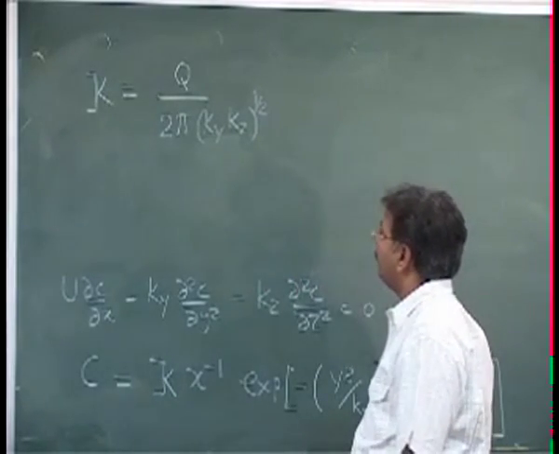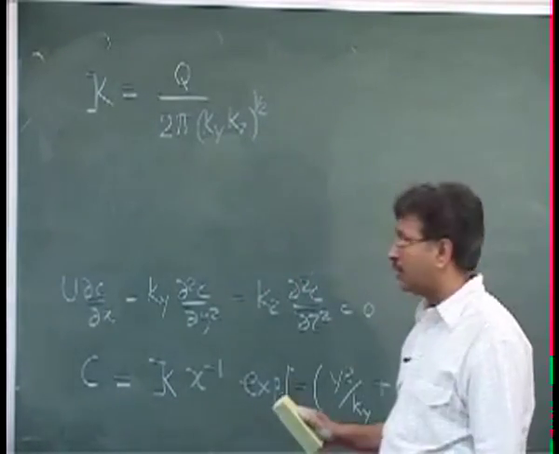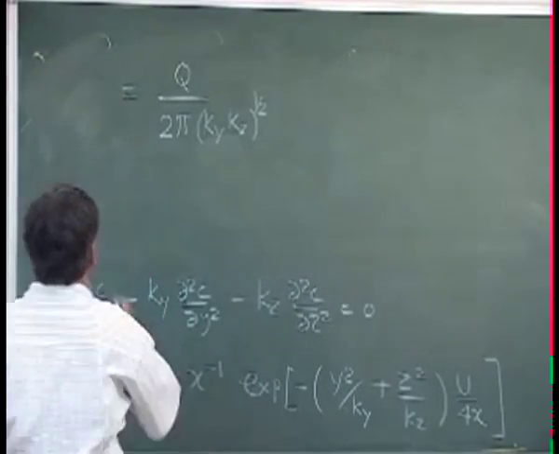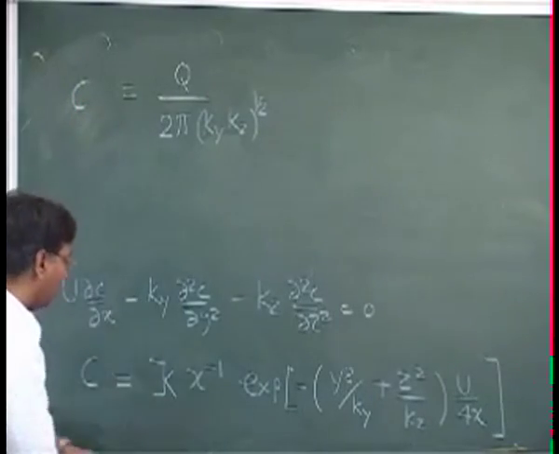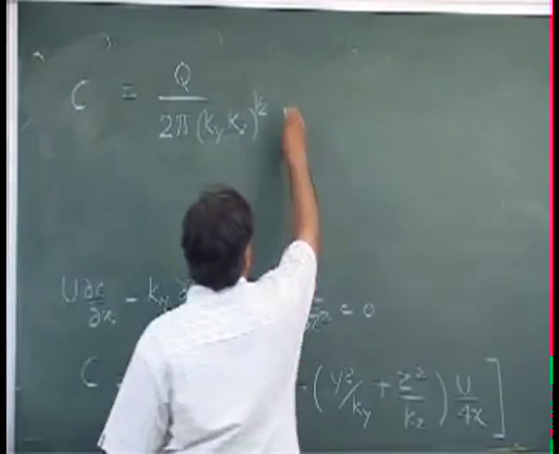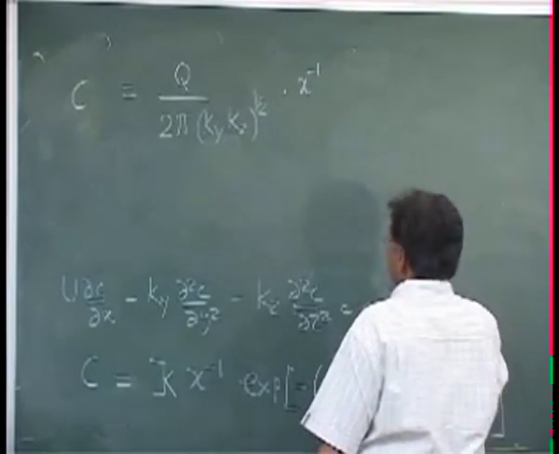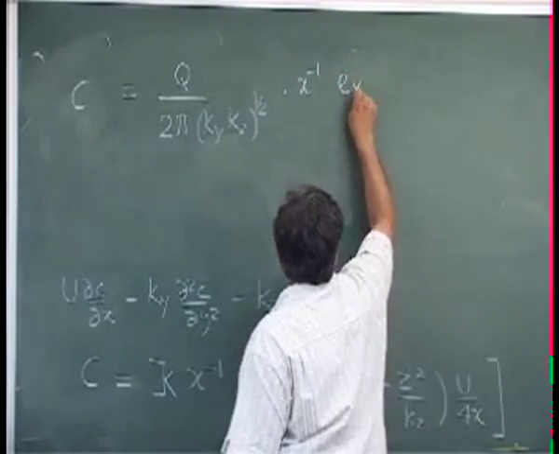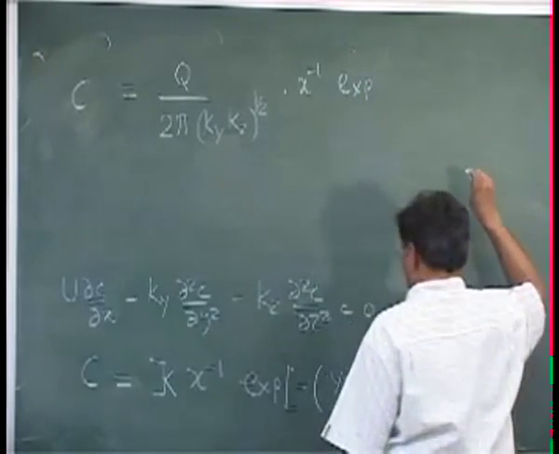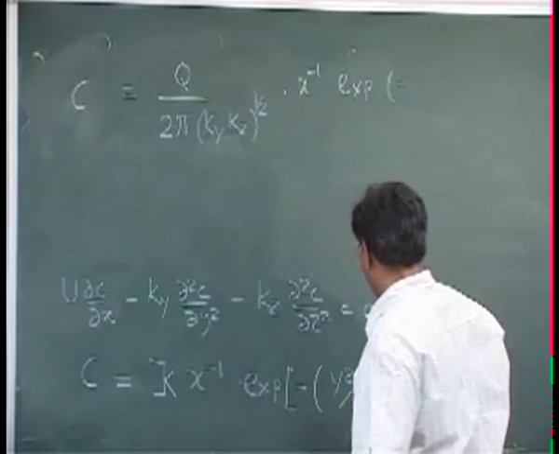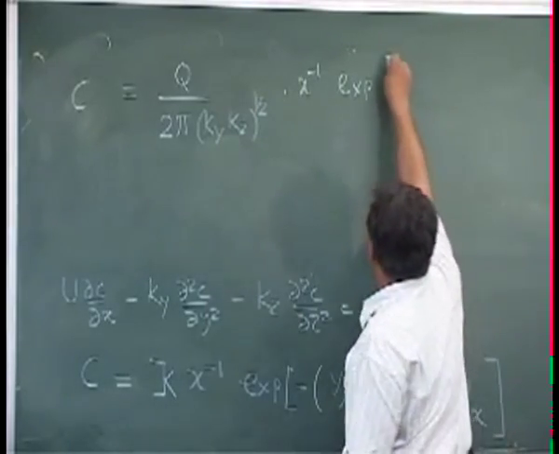So if you agree with me, I'll take a little advantage of what I am writing here and call this C and multiply with this one. We write the exact same expression which we are getting.